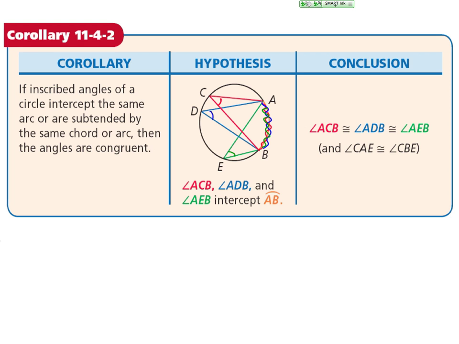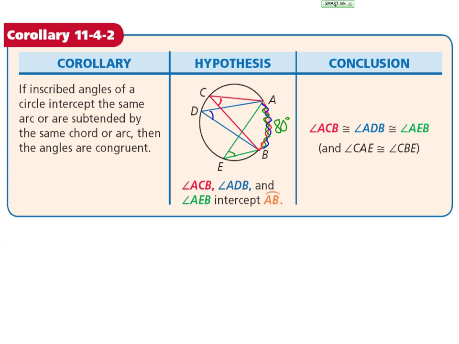So since all of those angles have the vertex on the circle, they're all half of the same arc. So does it make sense that they would all be the same degrees? If that arc is an 80-degree arc, angle C is 40, angle D is 40, angle E is 40. They're all half of 80. So that's what the conclusion is saying.